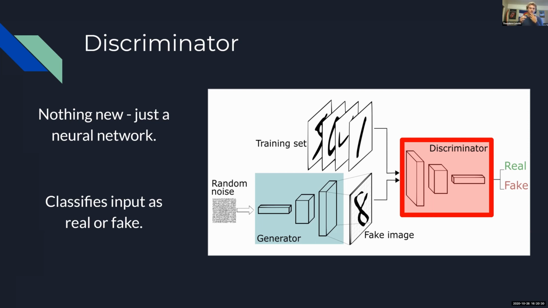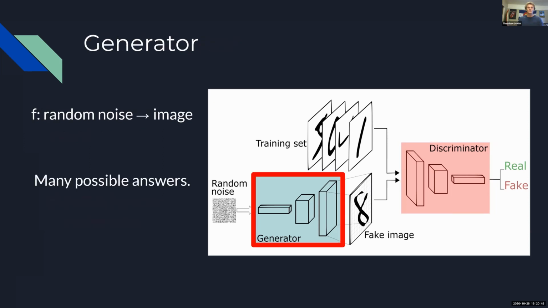Yeah, so your discriminator is kind of what we think of as a normal feed forward convolutional net, and it's going to output something as real or fake between 0 and 1, where 0 is fake and 1 is real. Your generator, let's talk about that a little more. What it's actually taking in is random noise.